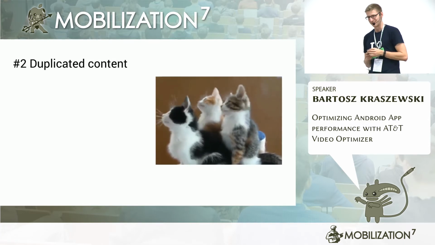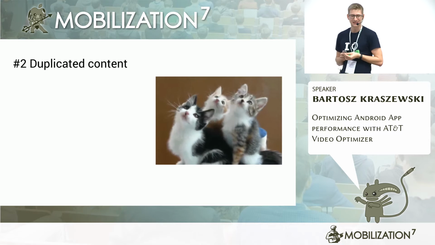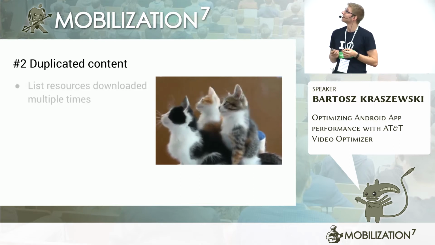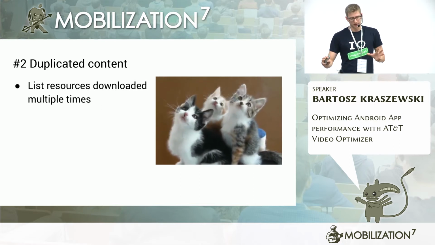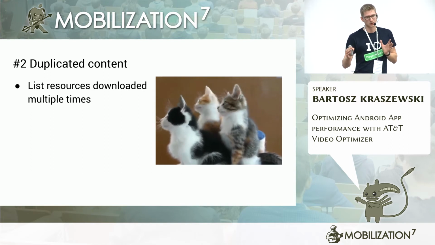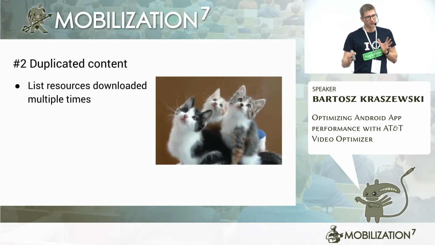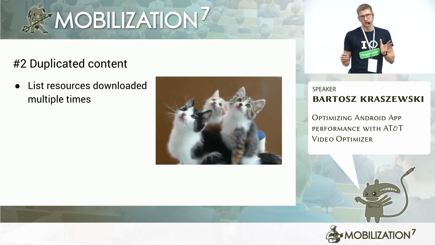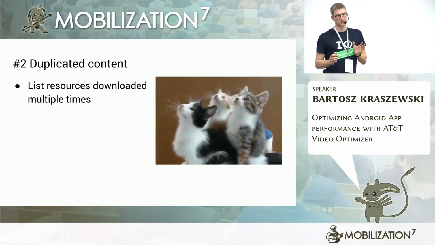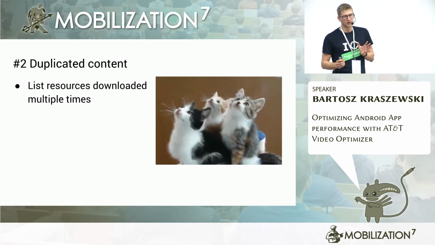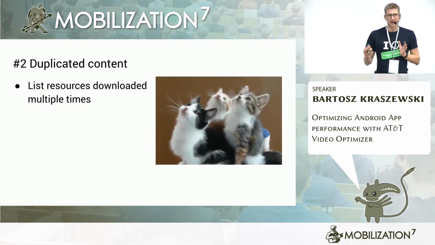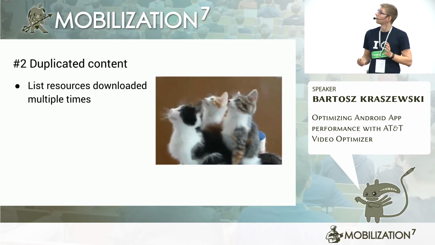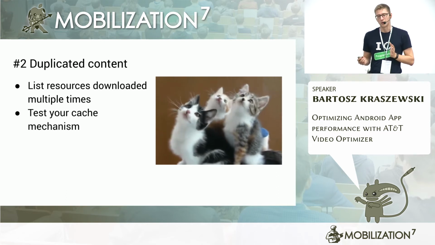There's another potential problem related to duplicated content, because the tool, when you are using the testing session, is going to monitor every file that you download, and if it spots that some of this content is duplicated, so it's downloaded unnecessarily, it will be listed and flagged, so you can actually see how your caching mechanism works.